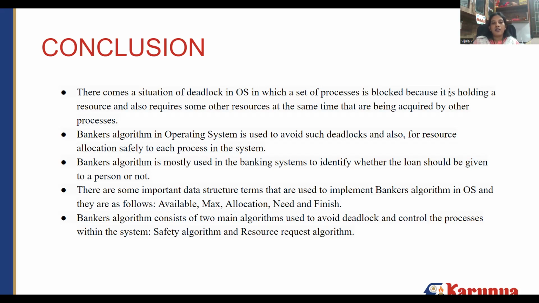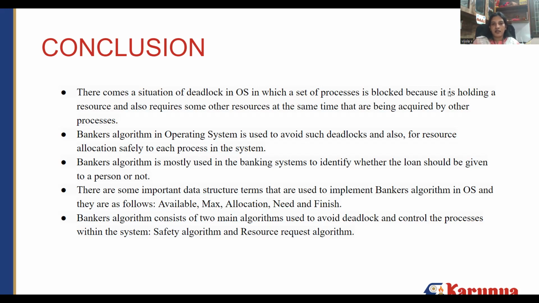The banker's algorithm is mostly used in banking systems to identify whether a loan should be given to a person or not. There are some important data structure terms used to implement the banker's algorithm in operating systems, which, like we saw earlier, are available, max, allocation, need and finish.